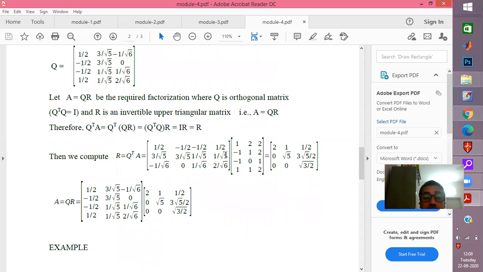So the QR factorization of A is shown in the next line.